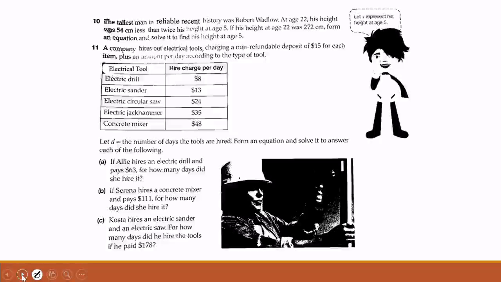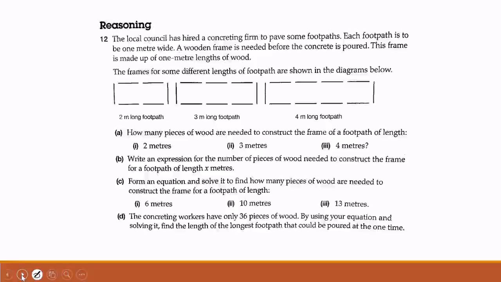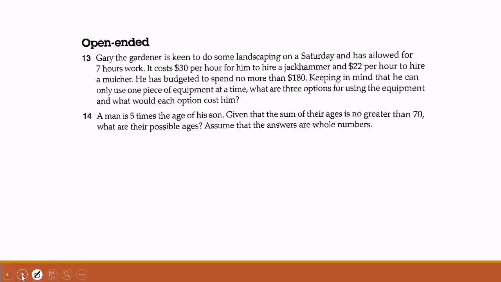And then over on the next part, question 10 and 11, they're getting a little bit harder. And for extension, question 12, question 13, and question 14. So question 12 is a little bit of reasoning. And then question 13, 14 are open-ended, which means they may have multiple solutions.